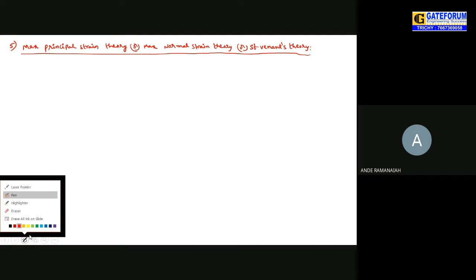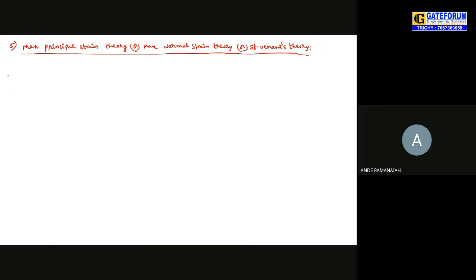Okay, so in this one, the first step is the statement. Maximum principal strain under complex loading. The first theory was Rankine's theory, that is maximum principal stress.